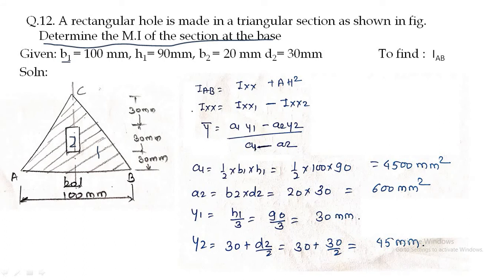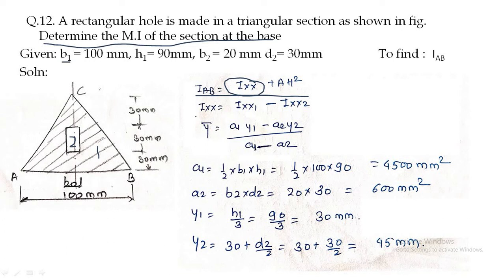So when we have to find the moment of inertia about this axis, we have to use the parallel axis theorem. Accordingly, IAB is equal to IXX plus A h square, where this IXX is the horizontal central axis of the whole plane, A is the area of the remaining section and h is the distance of the horizontal central axis of this whole plane or the remaining plane from the base of the plane.